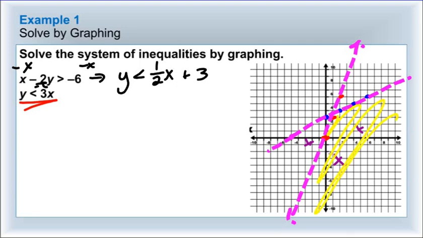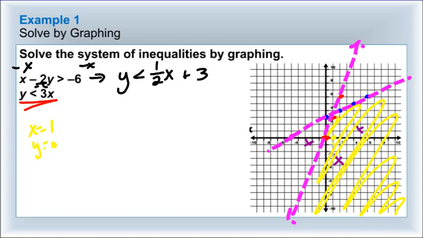Another way to determine this is use a test point. So choose a point. Normally I would say choose 0, 0, but since point 0, 0 is on one of the lines, I don't want to use that. So let's choose 1, 0. If I choose x is 1 and y is 0, if I put those in, it should be true.